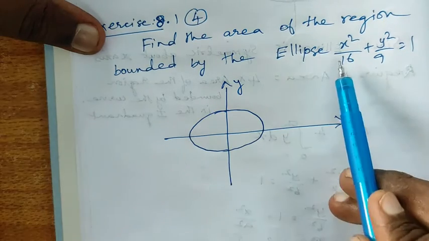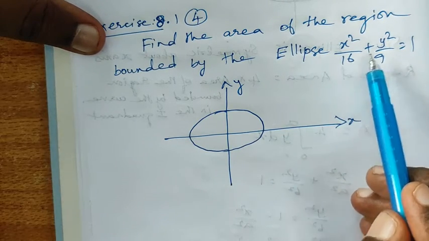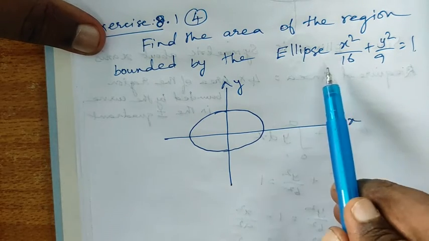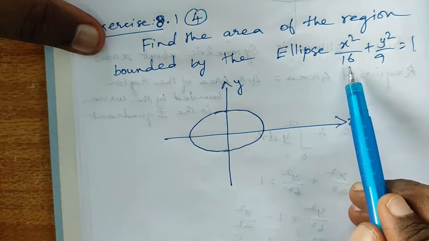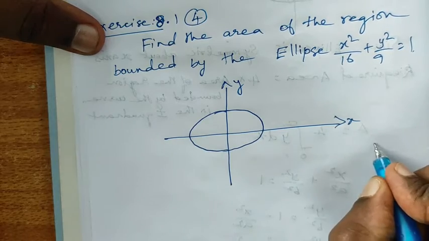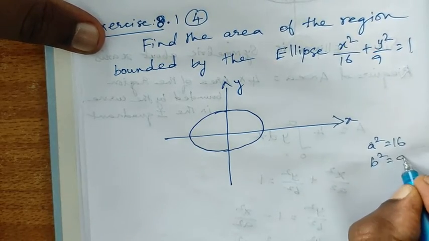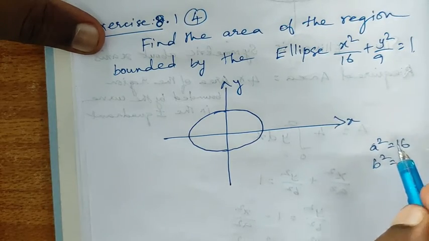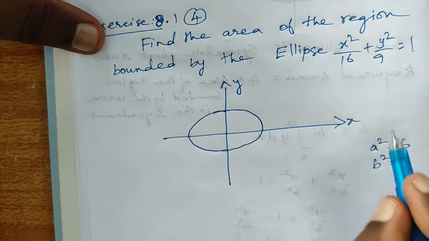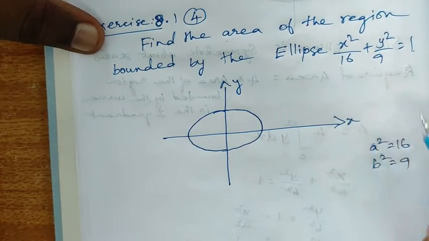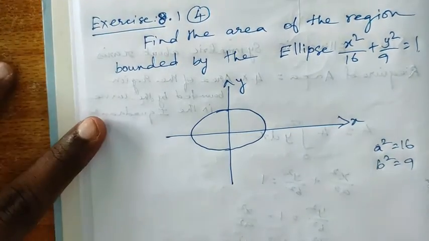So the equation of the ellipse is x square by 16 plus y square by 9 is equal to 1. Clearly, its major axis is along the x-axis because a square is equal to 16, b square is equal to 9. The greatest value 16 lies below x square. Therefore, major axis is along the x-axis.